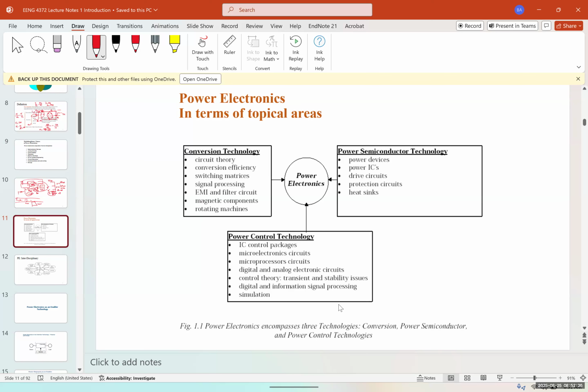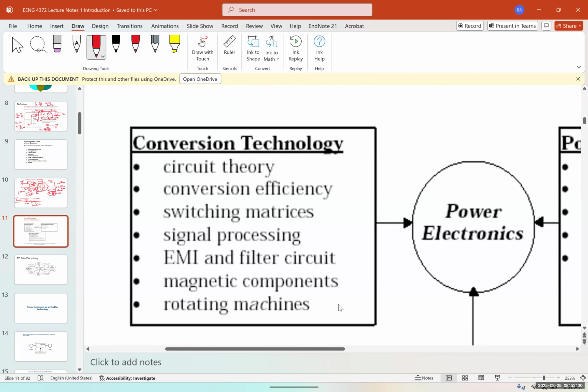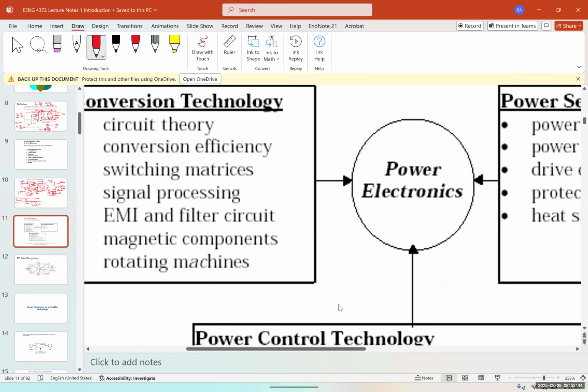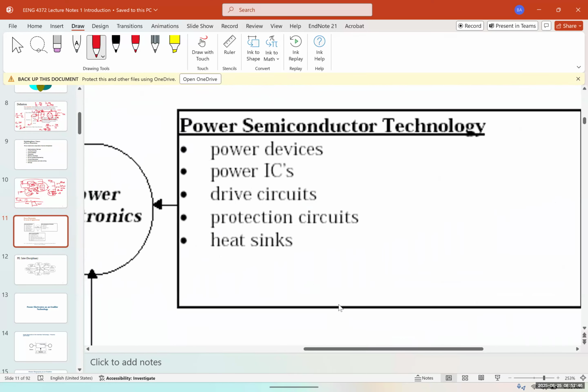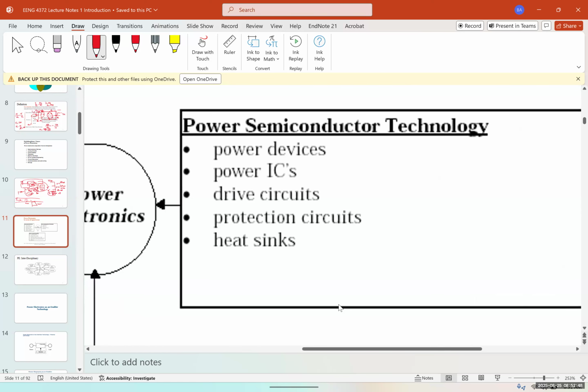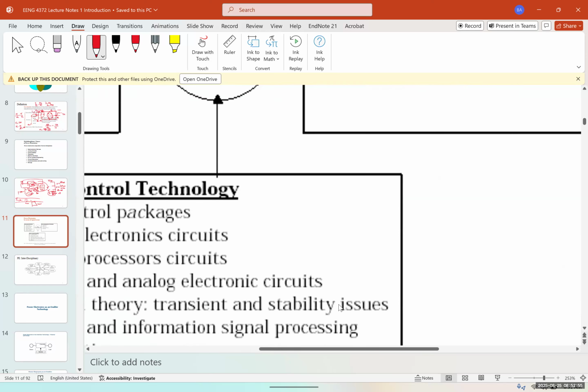So power electronics, in terms of topical areas, we have the conversion technology, which is circuit theory, conversion efficiency, switching matrix, signal processing, EMI and filter circuit, magnetic components, and rotating machines. Then we have the power semiconductor technology: the power devices, the power ICs, the drive circuits, protection circuits, and the heat sinks.